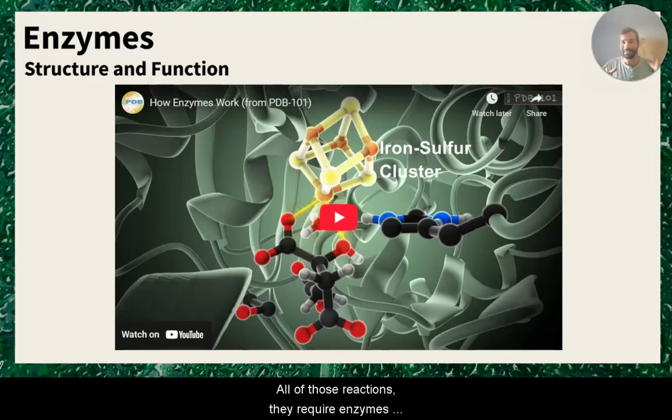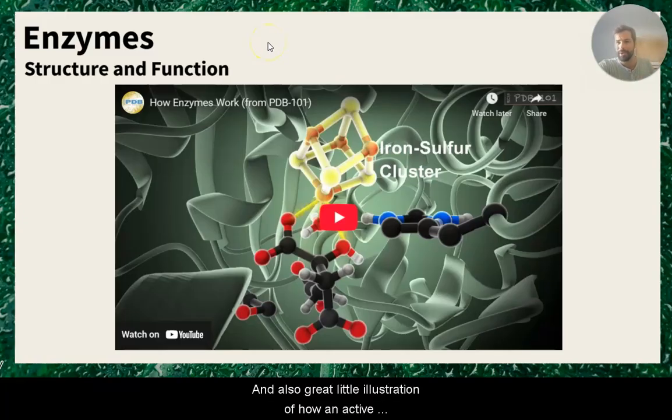All of those reactions, they require enzymes because otherwise they've got too high of an activation energy, and they wouldn't really happen by chance if there weren't already all these diverse shapes of proteins that can help them along.